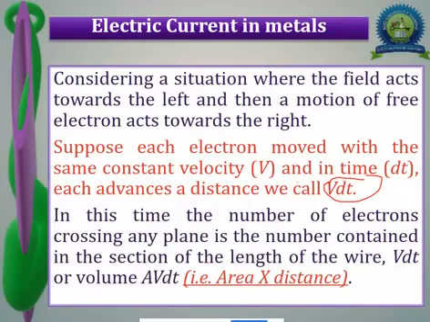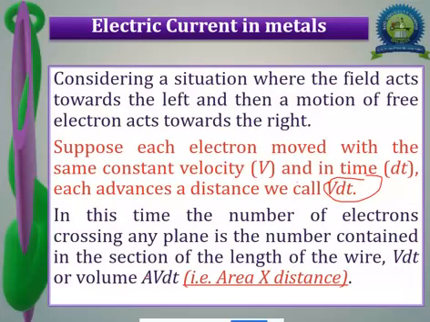Okay? So, we quickly move ahead. From here, we can calculate the volume. So in this same time, the number of electrons crossing any plane contained in this section of the length of the wire. The length of the wire is this distance we have calculated here, which is v dt.